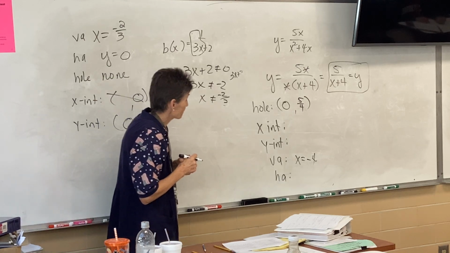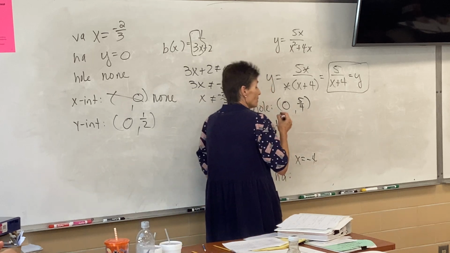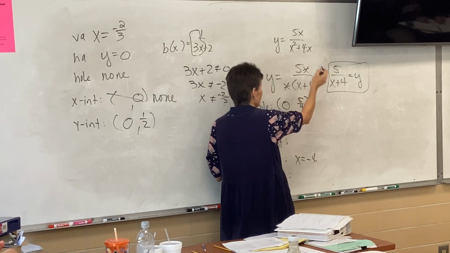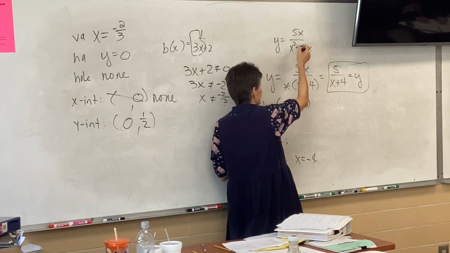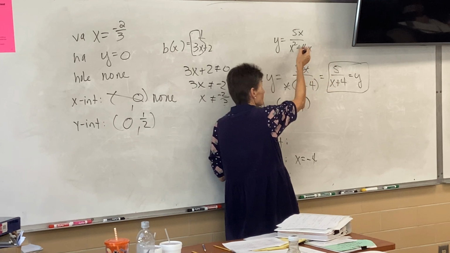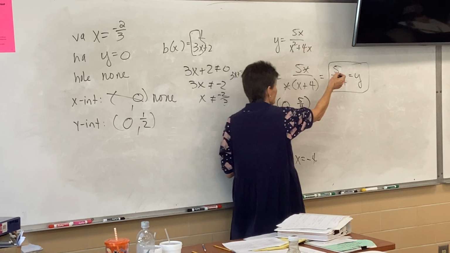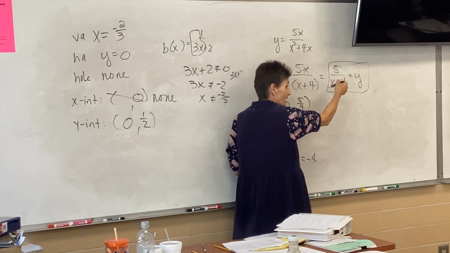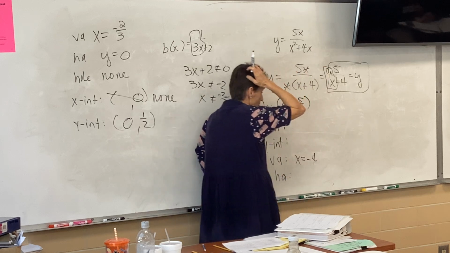All right? How about a horizontal? Do I have a horizontal? Well, you can either check the original or you can check here. It doesn't matter. Can you box these in? No. Because that one's not the same size as this one. What's going to happen when I put in that 0?